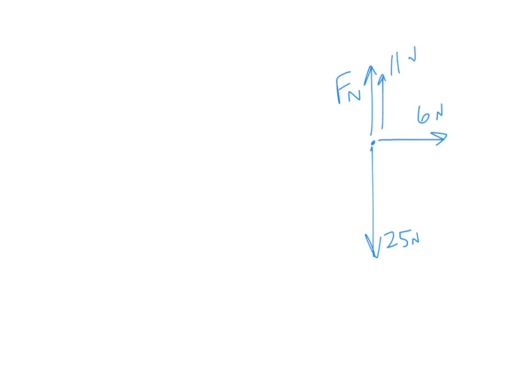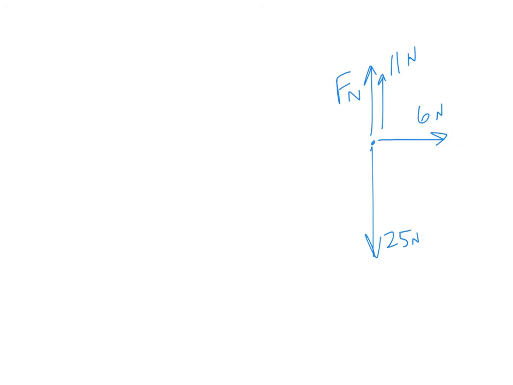All right, if you're kind of getting this, I'd suggest you shut the video off and try part C by yourself and see if you can figure it out. But I'm going to go ahead and solve it right now. So 6 newtons forward still, 25 down, that's my weight, that doesn't change no matter what I'm doing. And I'm going to need to know the normal force so I can find the maximum value of static friction. And what I know now is that P is somewhere in between my two values, 11 newtons.